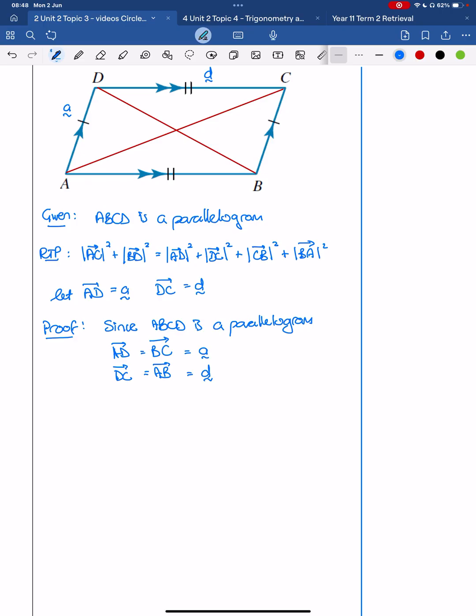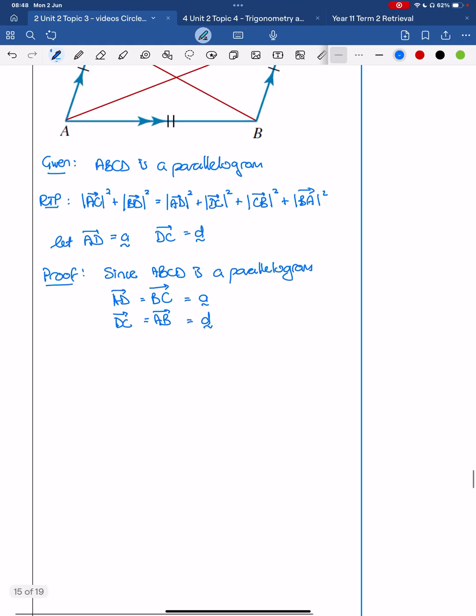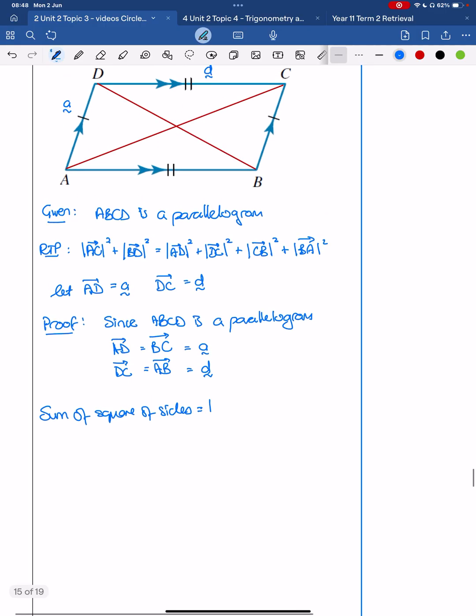Now if I do the sum of the squares of my sides, what I've got there is the magnitude of AD squared plus the magnitude of DC squared, plus the magnitude of AB squared and the magnitude of BC squared.